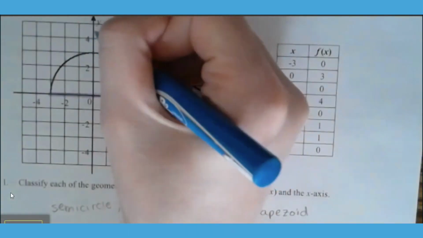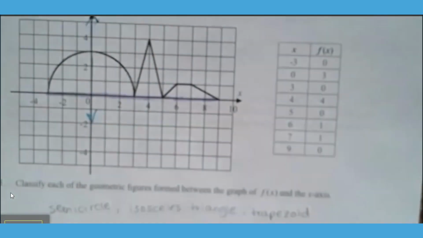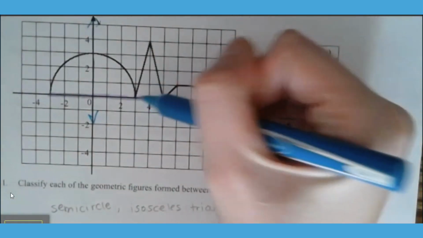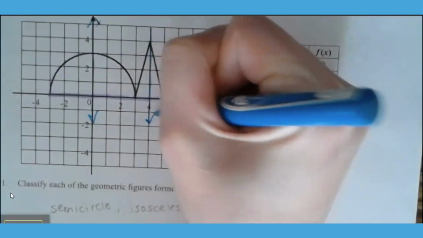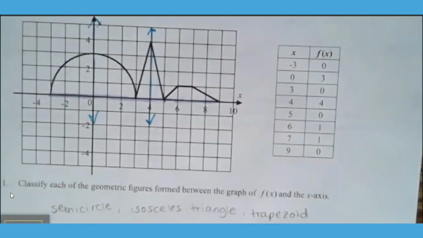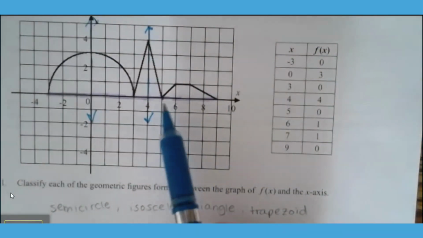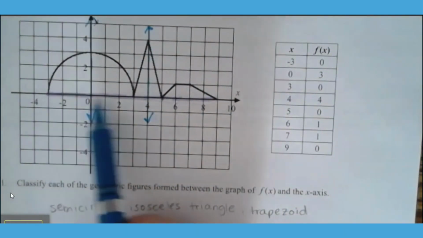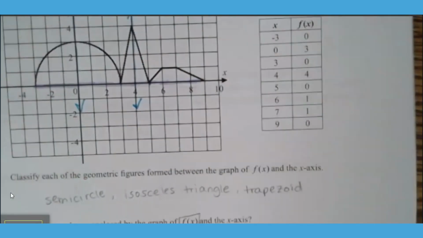That is going to happen here, which happens to be the equation x is equal to 0. For the next interval between 3 and 5, I have a line of symmetry here, which is the equation of the line x is equal to 4. For our remaining intervals from 5 to 9, there is no line of symmetry, and for the entire f of x graph, there is no line of symmetry.